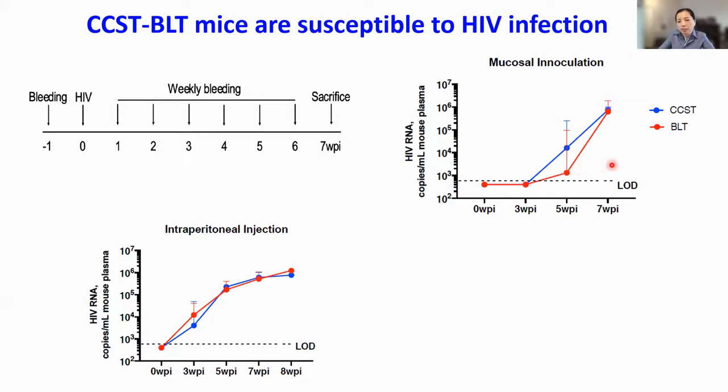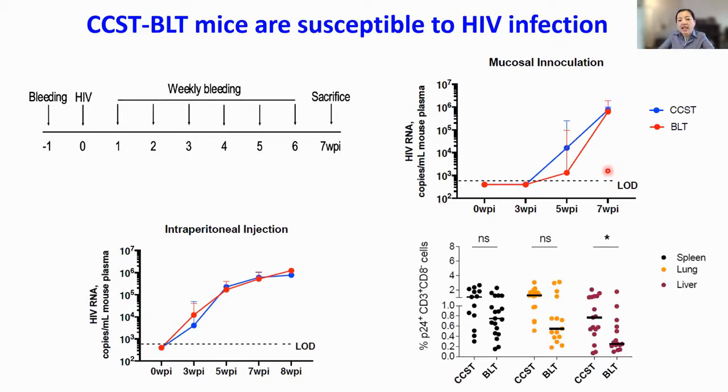And this is independent of the route of viral inoculation. At the level of virus expression in the tissue, we find that the frequency of P24 positive T cells in CCST mice is comparable, if not higher, than that observed in BLT mice.